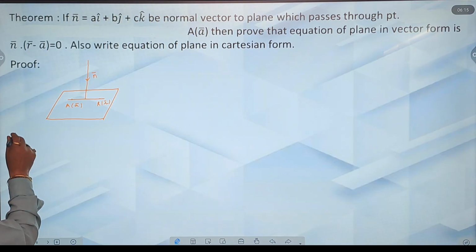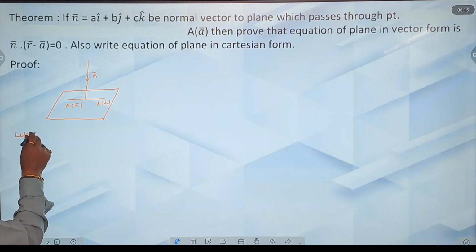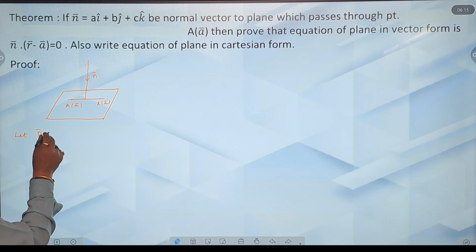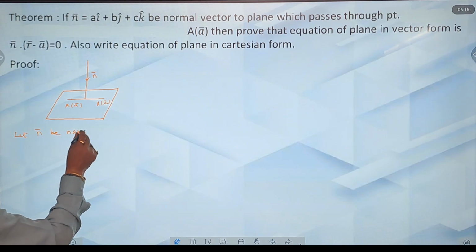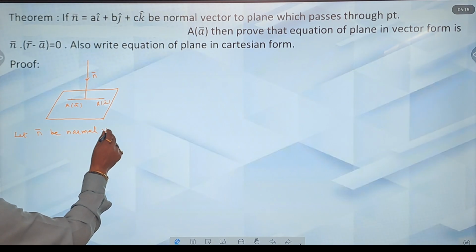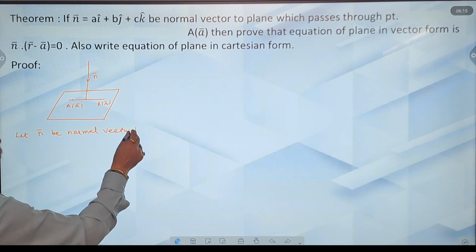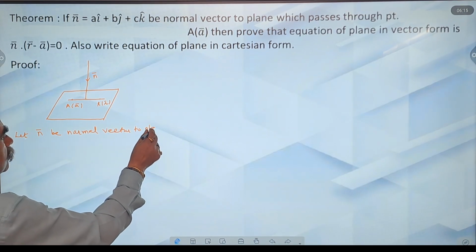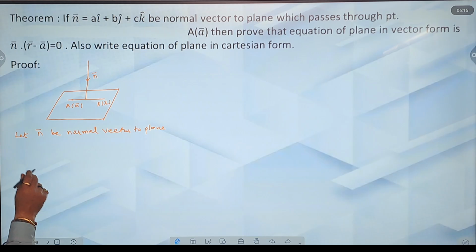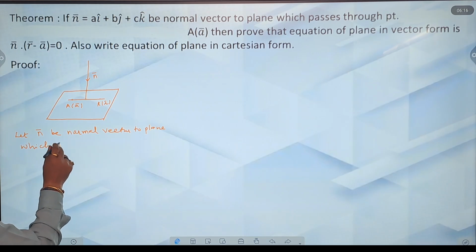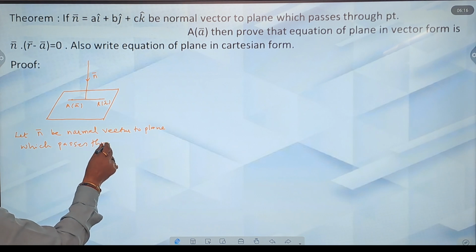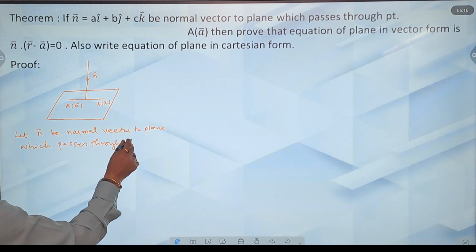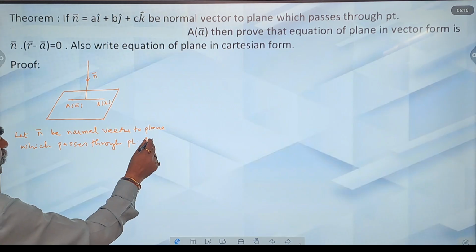Let n bar be the normal vector to the plane which passes through point A bar.